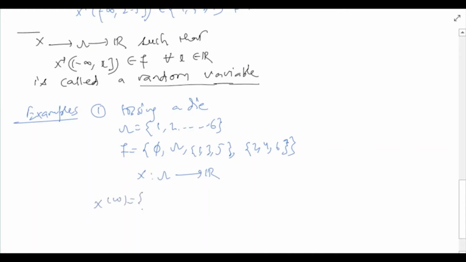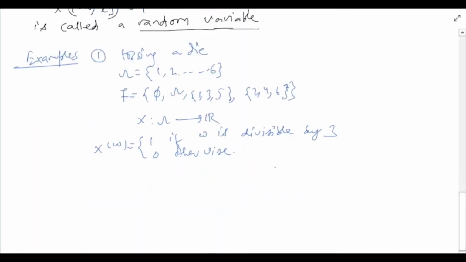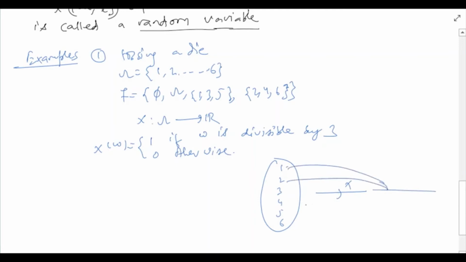X(omega) is 1 if omega is divisible by 3 and 0 otherwise. Clearly, under this function, 1, 2, 4, and 5 are mapped to number 0, whereas 3 and 6 are mapped to number 1.